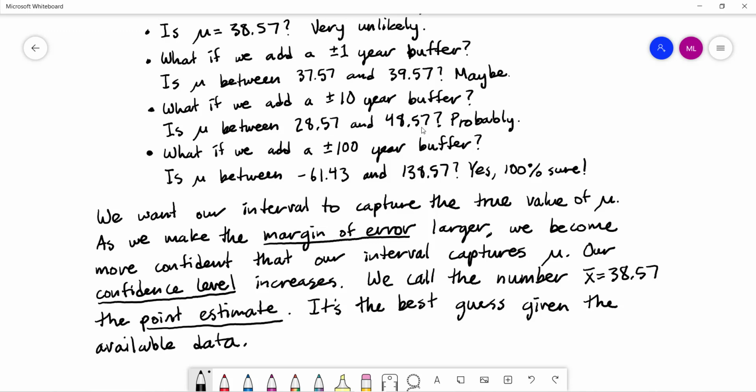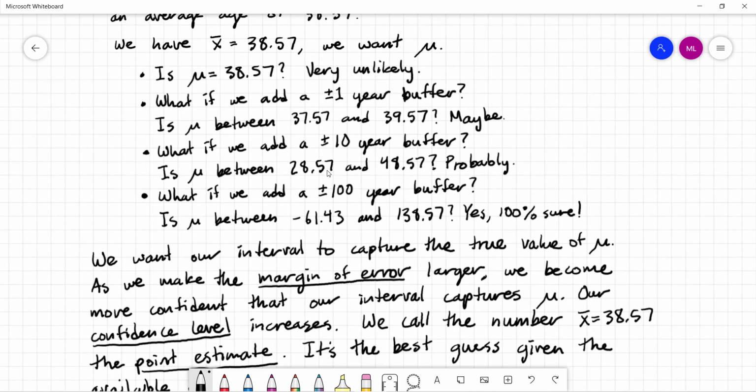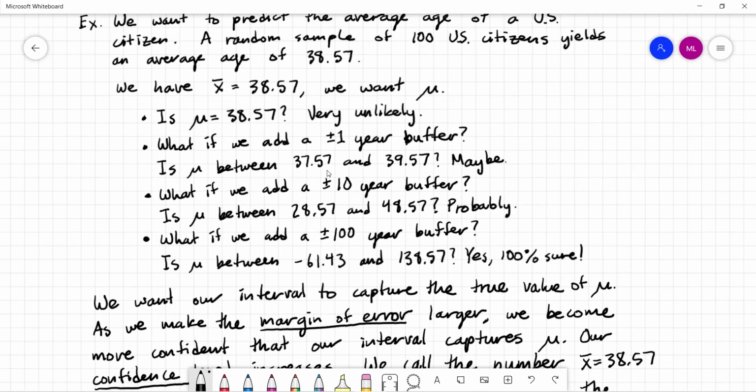And as I make the confidence interval larger and larger, I become more and more confident that we're capturing the true value of mu. But also, if I make it sufficiently large, I can be 100% sure that I'm getting the true value correct, but the interval becomes useless. So we have this sort of competing set of facts going on here.